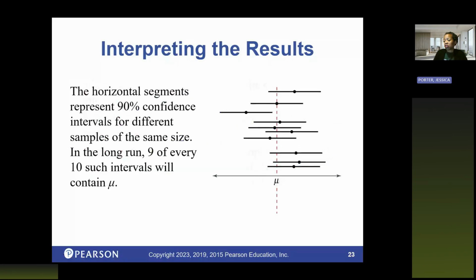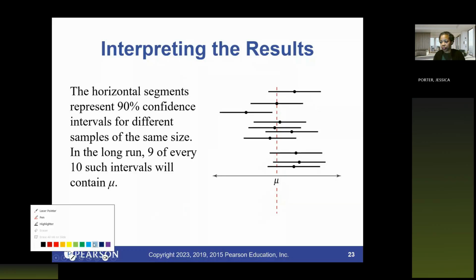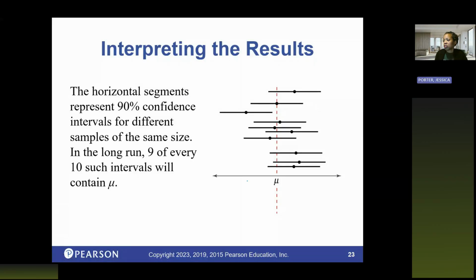So let's look at a picture of what that looks like. So here's the population mean there. There's the population mean. And I've got my intervals. This is my confidence interval number 1. This is another confidence interval. That one actually has the population mean. Here's another confidence interval.